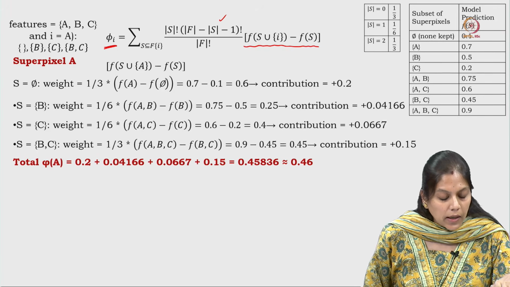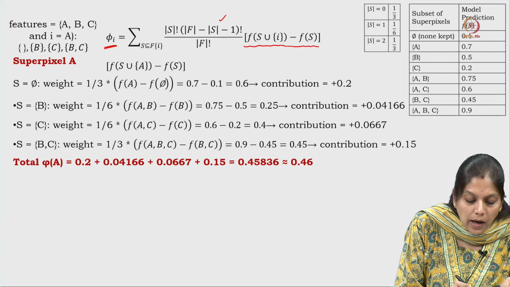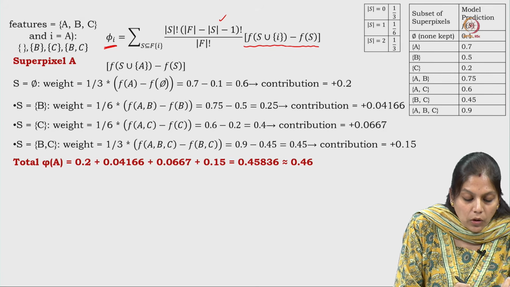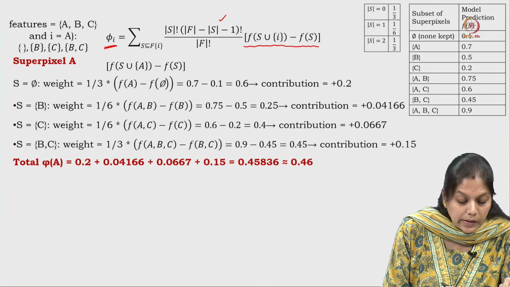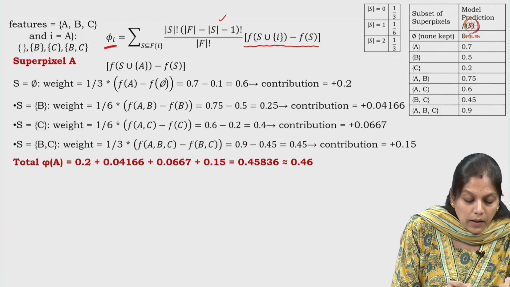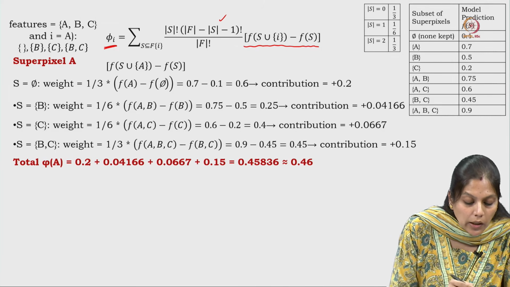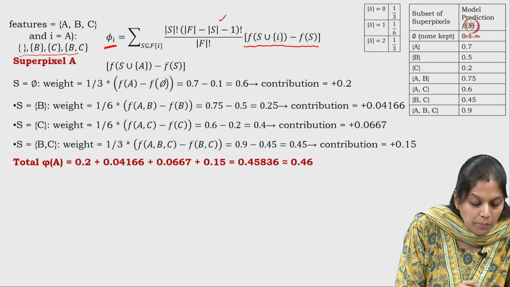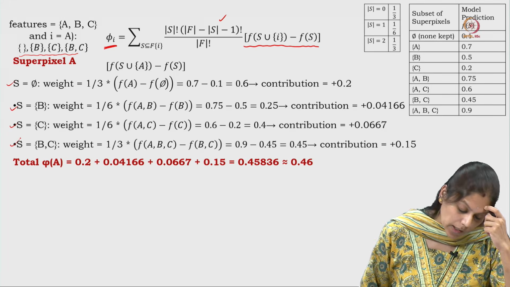We are considering a superpixel A. So, the features are A, B, C and i value is A. When i is A, what all possible subsets are we considering? Those which do not include A: empty, B, C and B, C. All of these are the values that we are calculating.